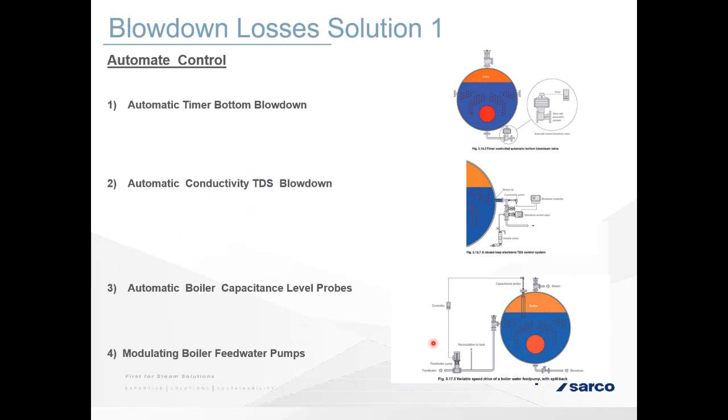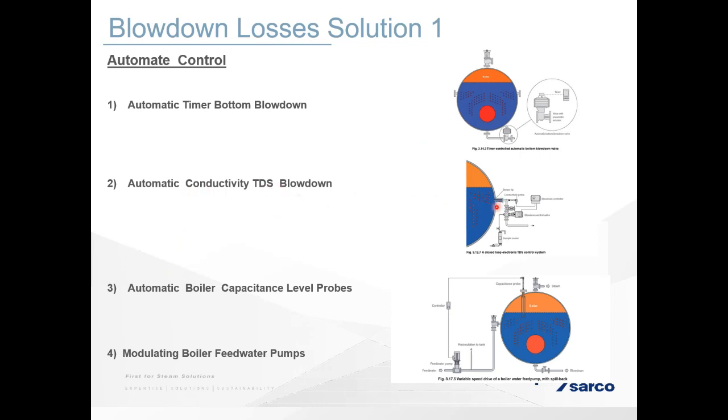So, blowdown losses solution: how can we recover some of that? We have automatic timers. Rather than relying on a boiler house man to limit the amount of time he's blowing down, you can set a timer which will give you a flow rate because of the orifice on this, which will do it automatically. Automatic TDS blowdown as well.